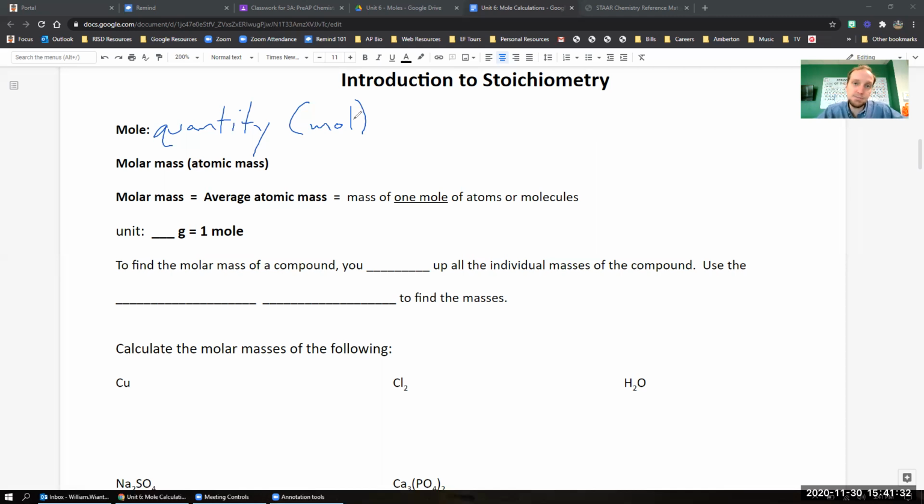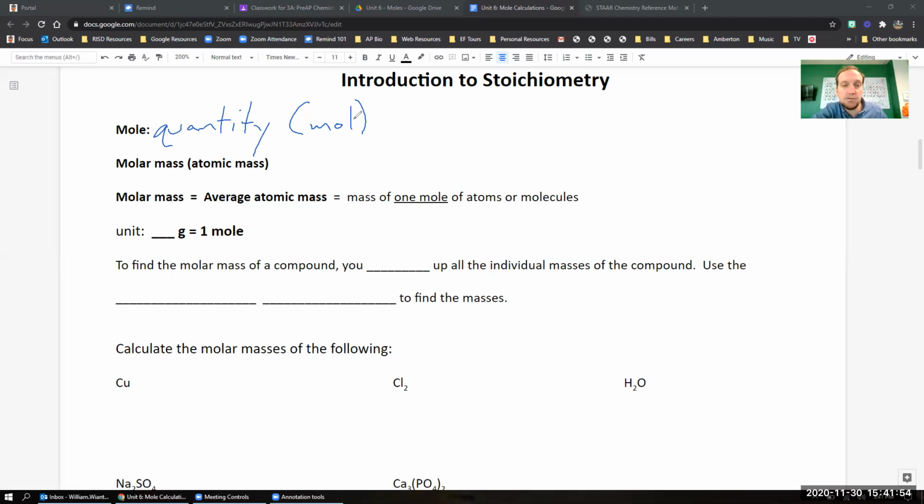Now, the mass of 1 mole, or molar mass, is basically the average atomic mass. To translate that into regular English, I have a periodic table here. If I look right here, there's the average atomic mass for silicon. The average atomic mass, that is the mass right there, in this case 28.086.